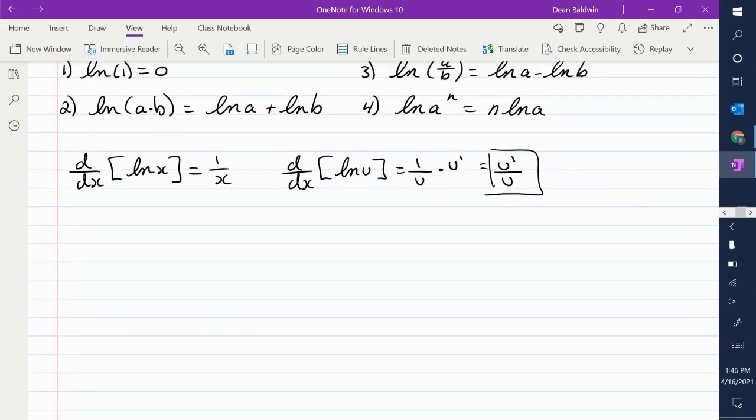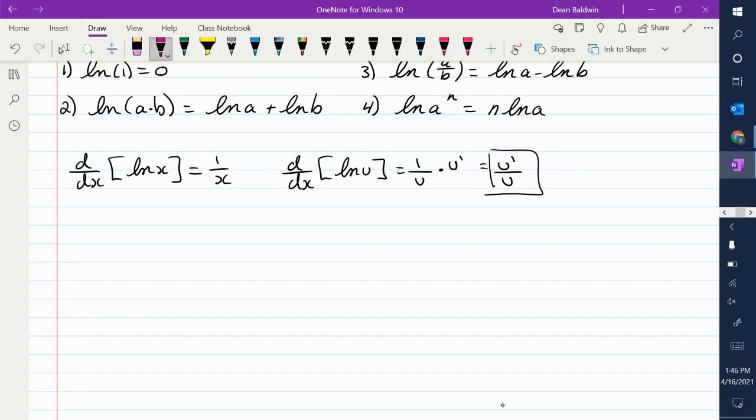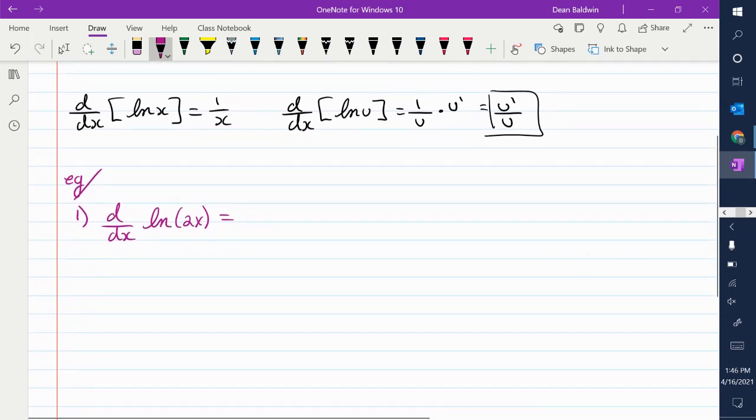So the straightforward examples are, if I say, what is the derivative of the natural log of 2x? I always use this formula, but the other one's the same thing.